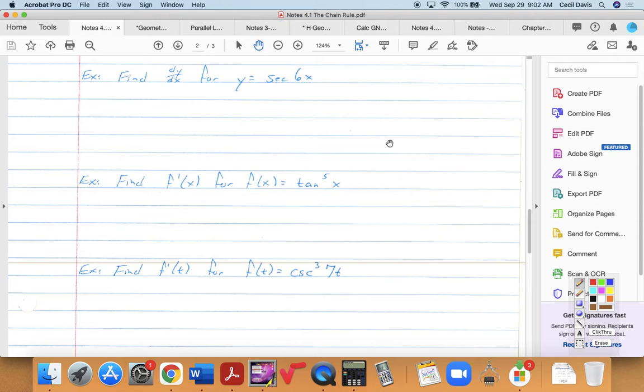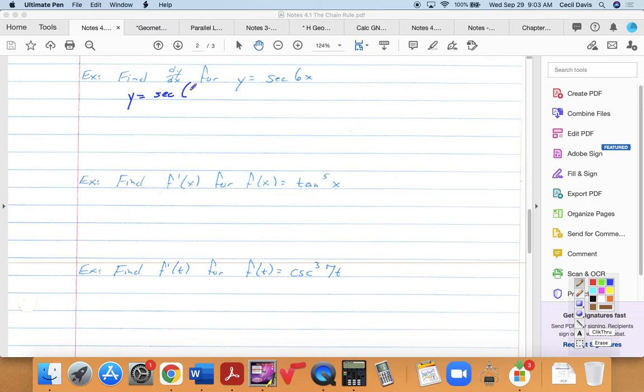So far, all of our outer functions have been power functions once we've rewritten them. But in some cases, the outer function is something other than a power function, like this one, for example, where y is equal to the secant of 6x. The outer function is the secant function.